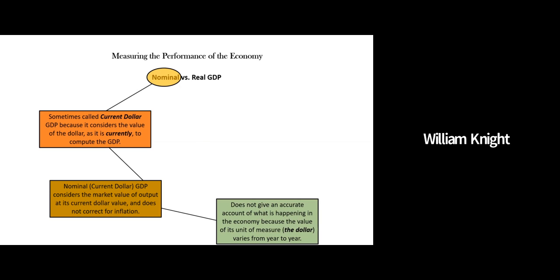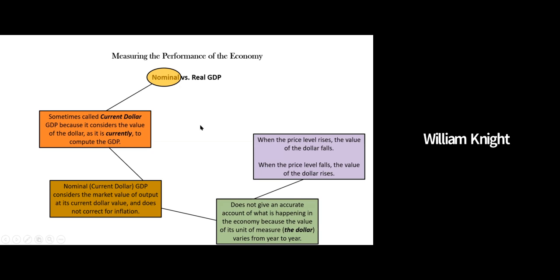Now, as you are going to see, that does not give us an accurate picture of what is happening in the economy, because the value of its unit of measure, the dollar, varies from year to year. When the price level rises, the value of the dollar falls. And I'm talking about the purchasing power value of the dollar.